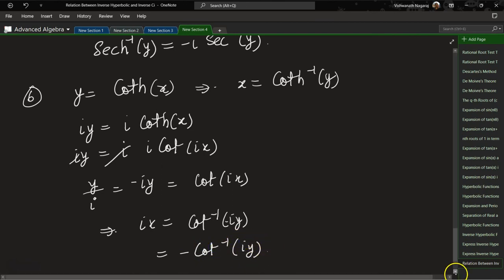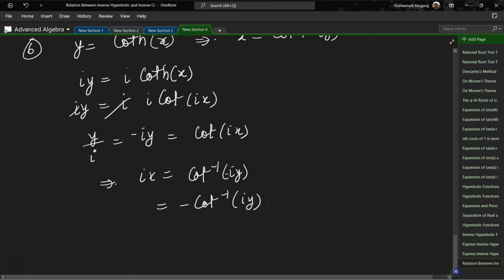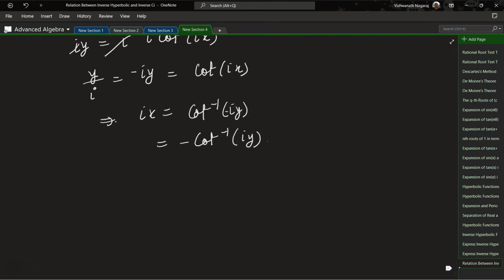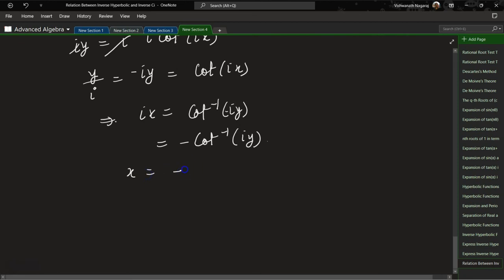Now on the left hand side we have an i, we need to get rid of that. So x is equal to minus cot inverse of iy by i, and let's rationalize it. We get minus 1 below and above minus i.